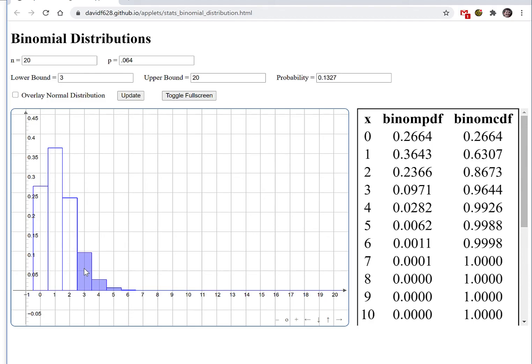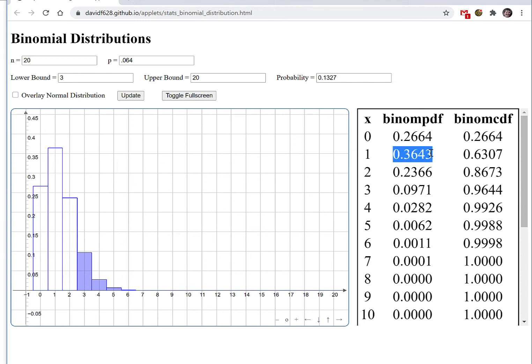So what I'm doing is, instead of getting that value directly, I'm taking the sum of the first 3 bars, 0, 1, and 2, which I can get from the binomial CDF function. You see, it does a running total of binomial probabilities. So the first binomial probability is the same as the first binomial CDF probability.